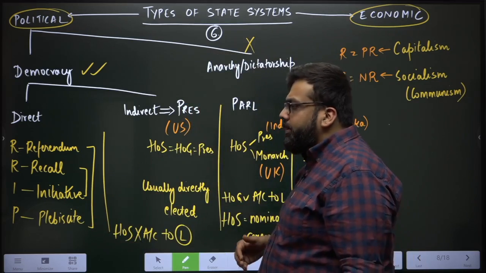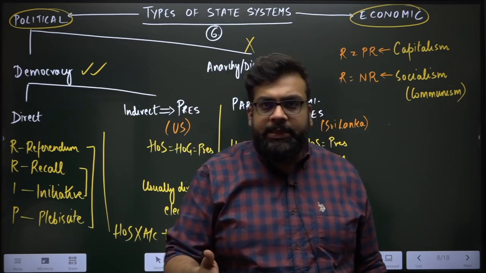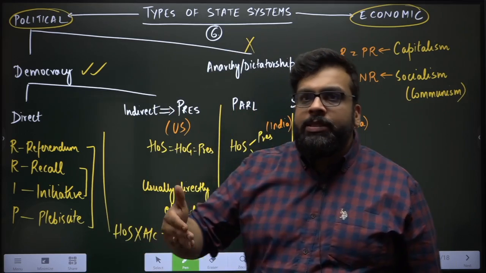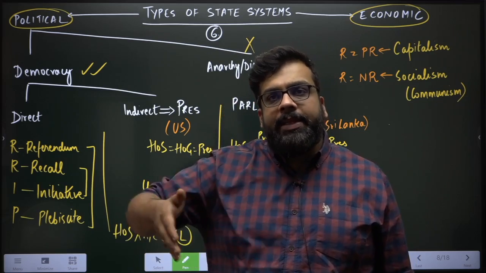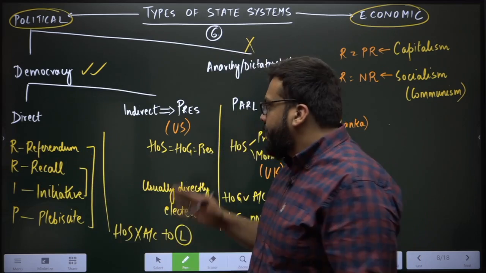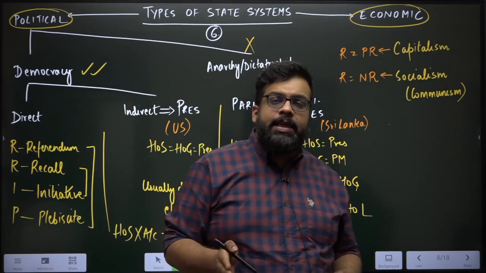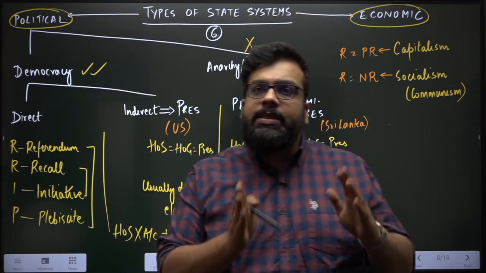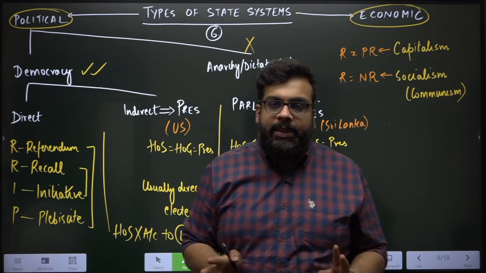But a direct democracy is basically where people are your decision makers, whereas an indirect democracy is where people choose certain people who then become representatives and they become decision makers. So that's the basic difference between a direct democracy and an indirect democracy. A direct democracy and an indirect democracy, and a direct election and an indirect election, are two very different things.